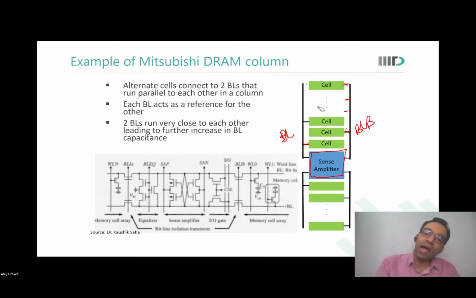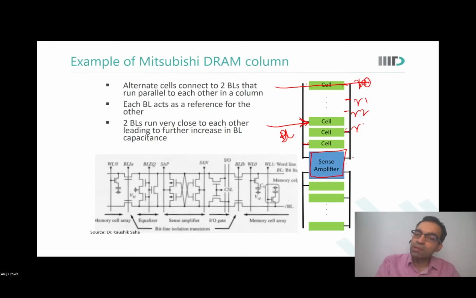Let us say for my particular read operation I selected this particular row. So this was row 0, row 1, row 2, row 3, 4, and so on. Where do we now get the reference from? Let us say row 0 was the one that was selected.